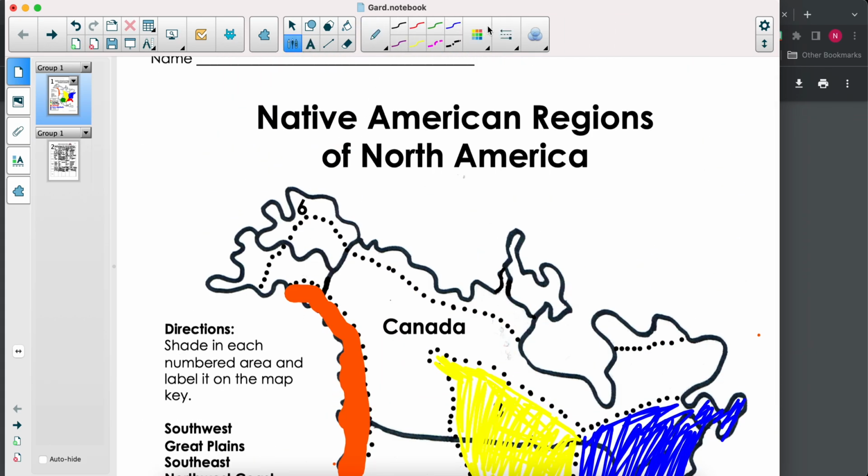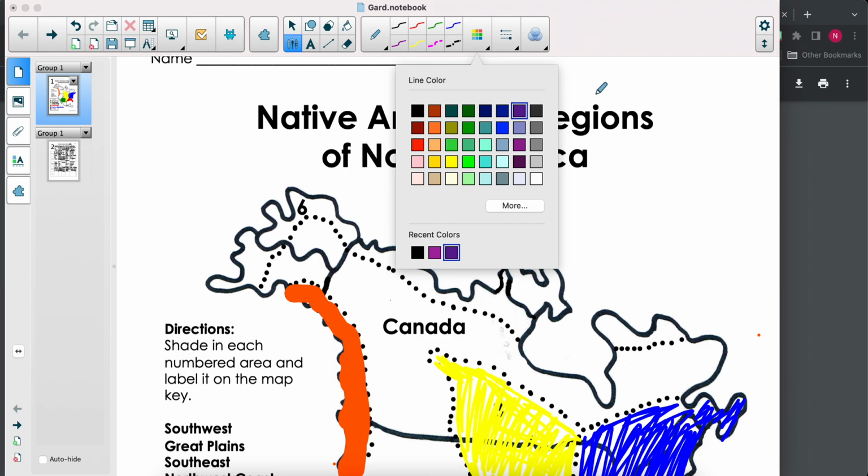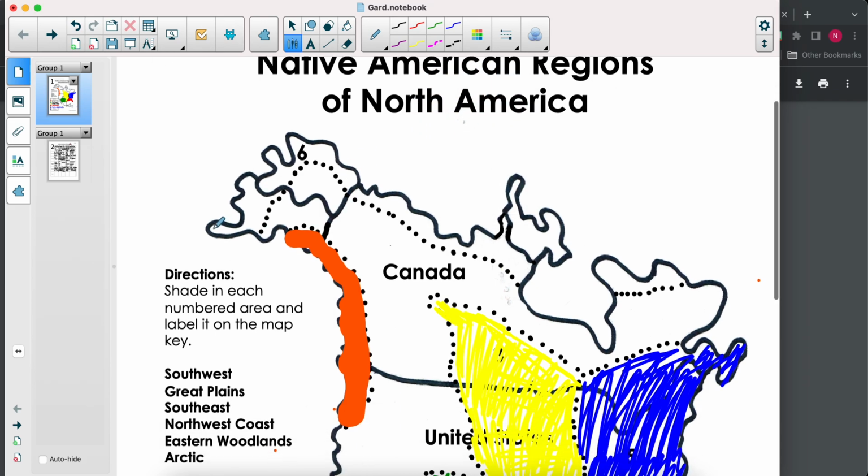Now be careful when you're doing this because this map I feel like doesn't quite do it justice. It kind of cuts some of it off, but it goes all the way across this dotted line. And then you notice it skips kind of right here and it goes over to here too. So there's kind of two parts to this section.